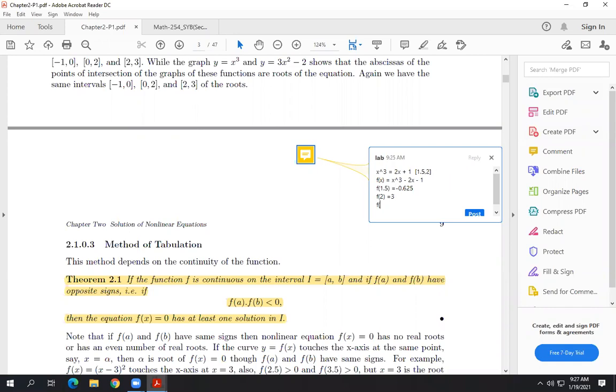One is negative and one is positive, so f of 1.5 times f of 2 is less than 0. It means it is 100% guaranteed that one of the roots of this equation must be inside.